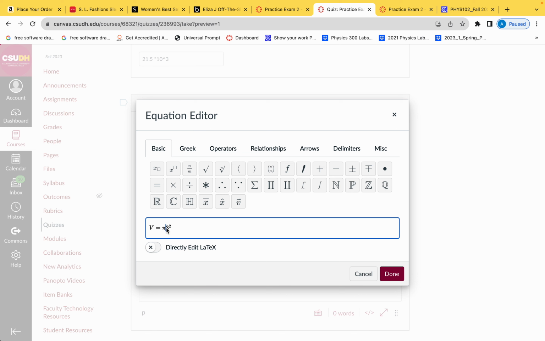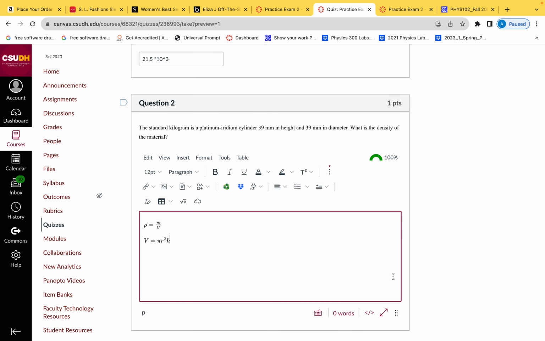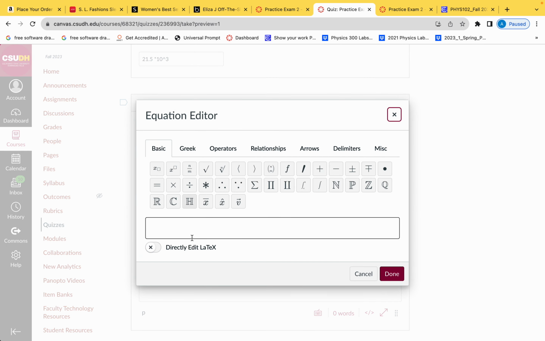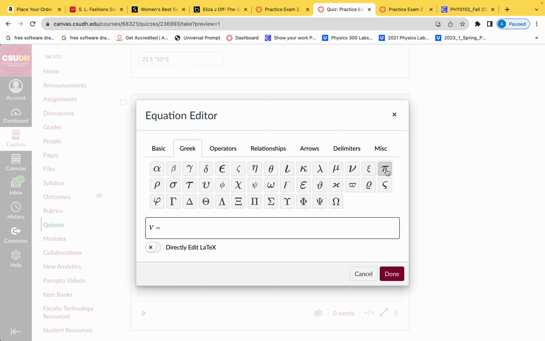This is r squared, and then I can move using the cursor here, and that is going to be h. Then this is the volume. The next step, I will also insert. Then here I can say V equals, and I will say pi.